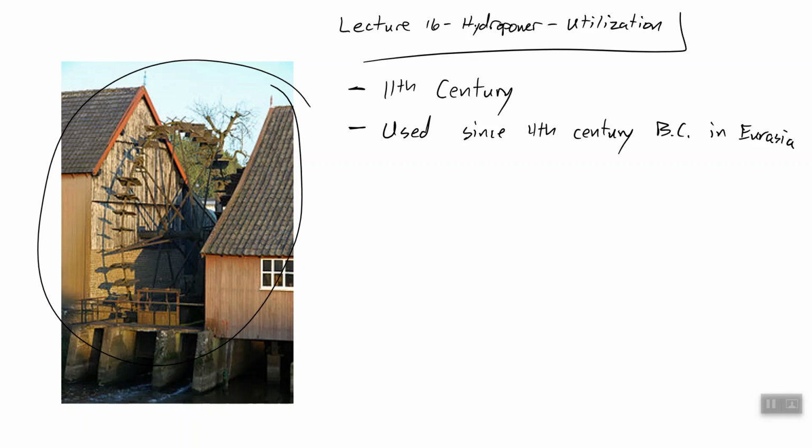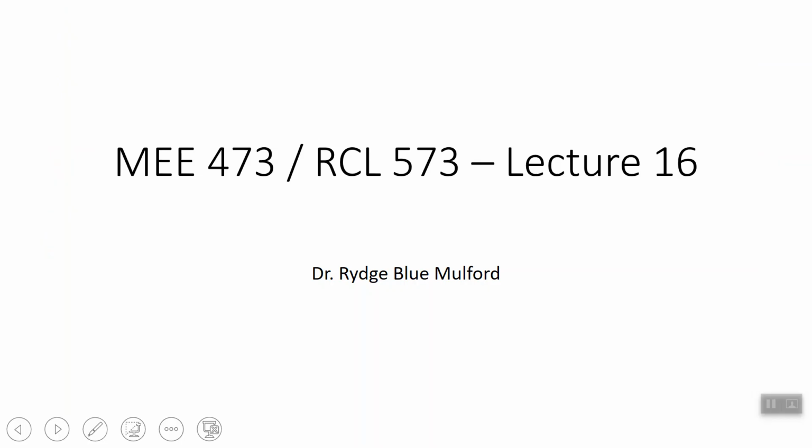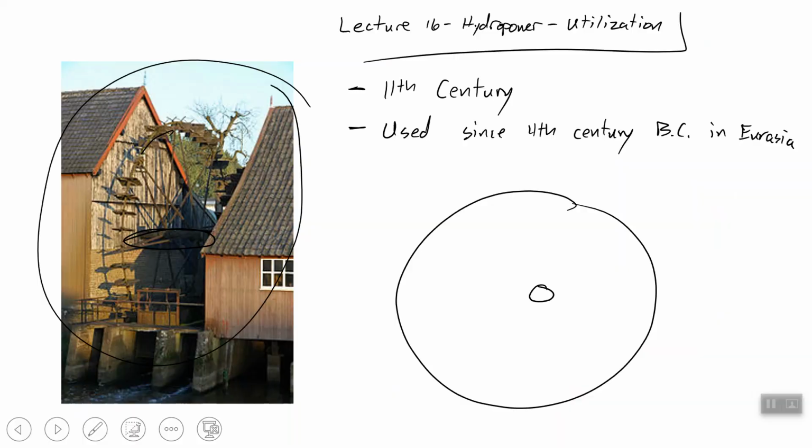Okay, so let's just look at a basic water wheel to get an idea of what's going on. We've got a shaft, which you can see right here, and around that shaft is a big wheel. The wheel has these buckets, I guess we'll call them.